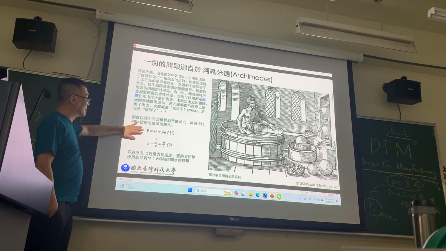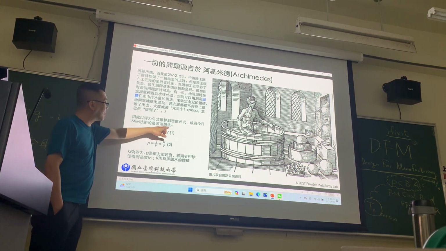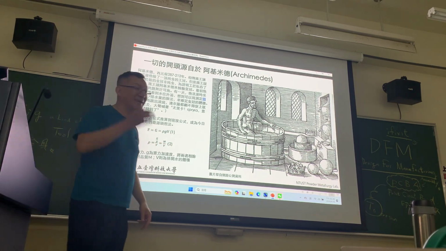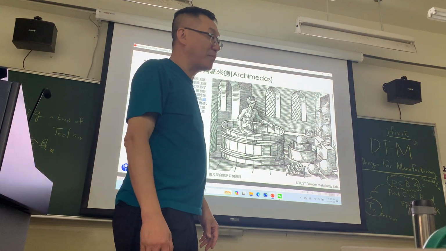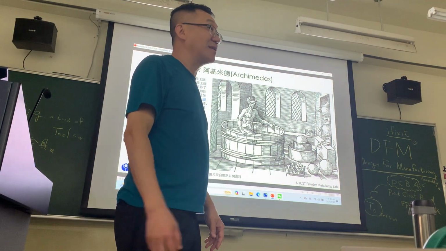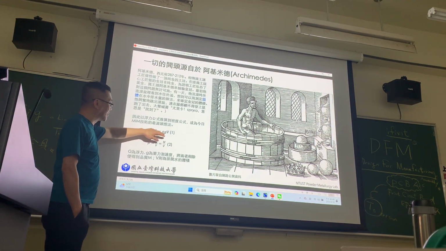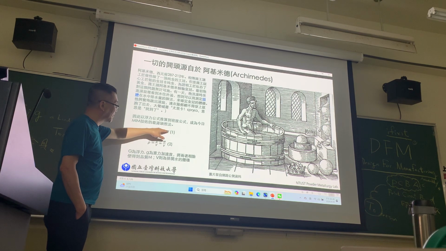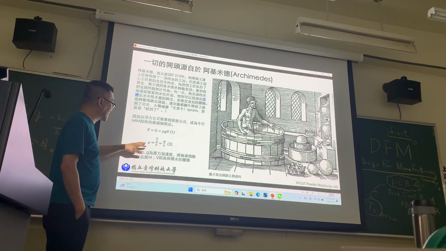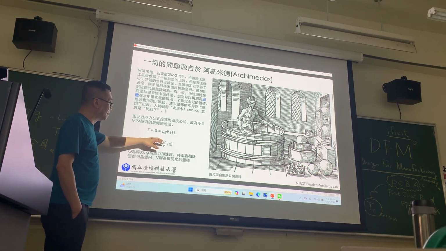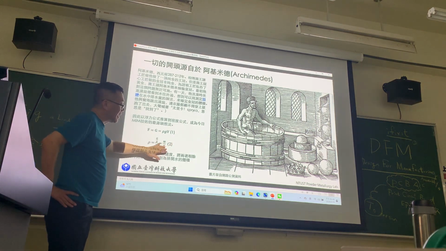F is buoyancy. Buoyancy is an equation like this one: rho, g and V, where V is volume. And m is the material mass. This one is rho equals the mass over the volume. Everything starts here.